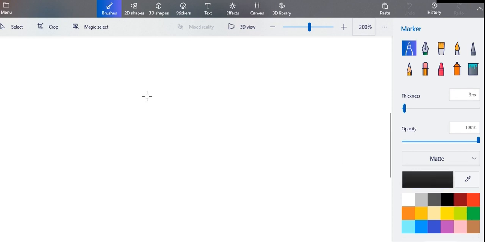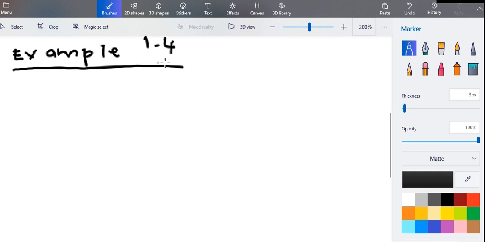So this is example 1.4. Sorry for the handwriting. When you sketch it using your pad here, you can actually tell where the location of your writing is.